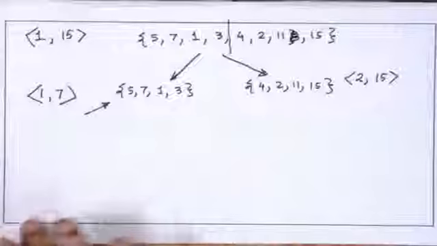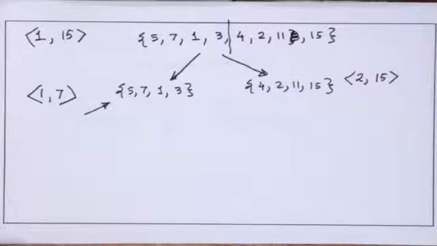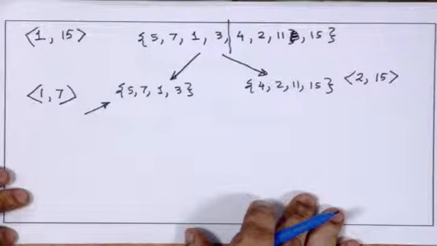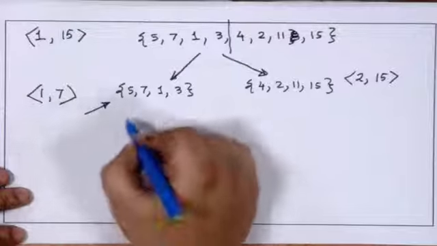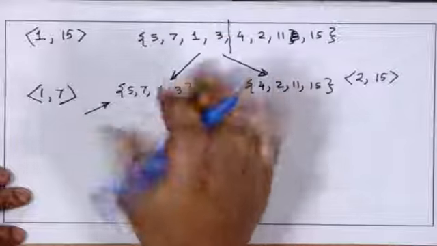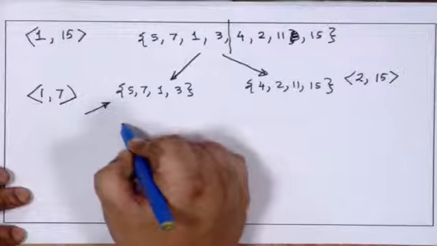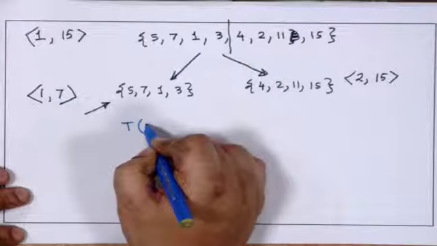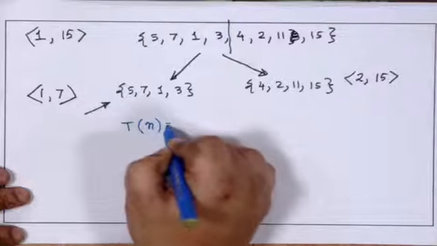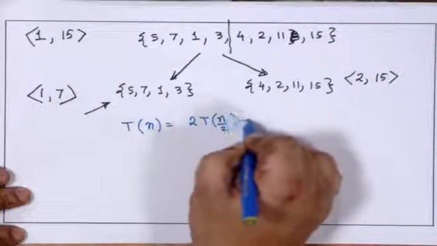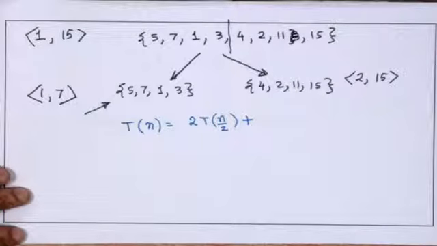The next thing that we need to do is analyze this definition. The analysis of such definitions comes from what are known as recursive equations. So, if we always split in the middle and assume that there are 2 to the power n elements, then T n would be 2 T n by 2 plus how many comparisons? 2 comparisons.